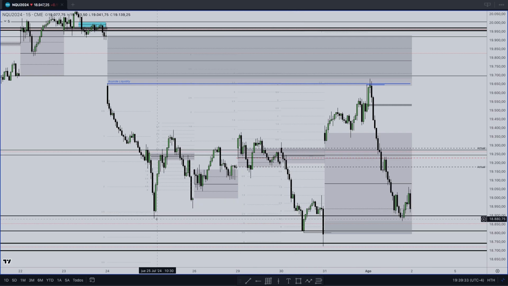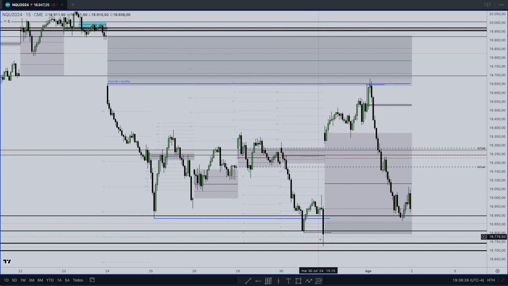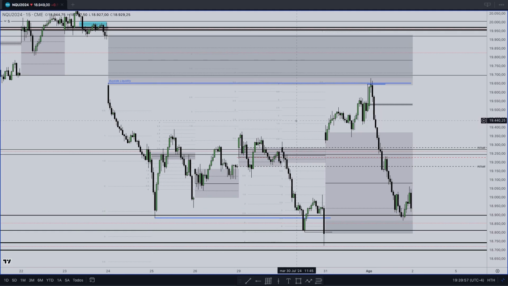You are taking sell side liquidity from here at a relevant new month and quarterly opening gap. This is fair value. This is where they are going to offset the short and accumulate more to take these buy stops resting above these highs right here. This is where you can look for longs, not here.